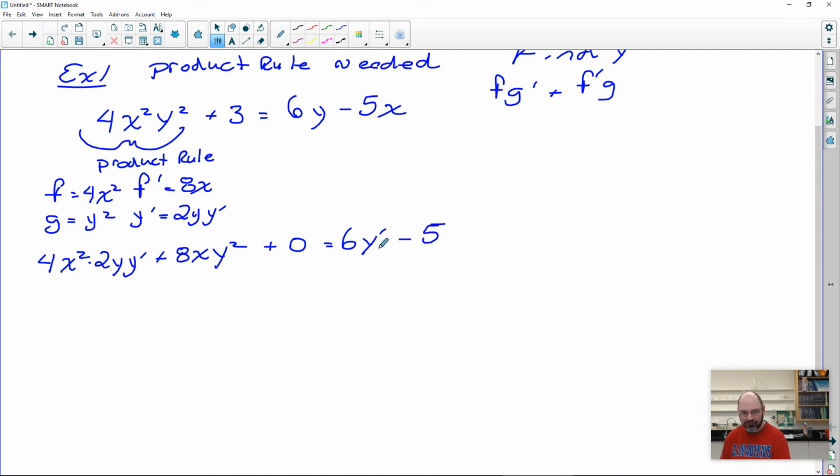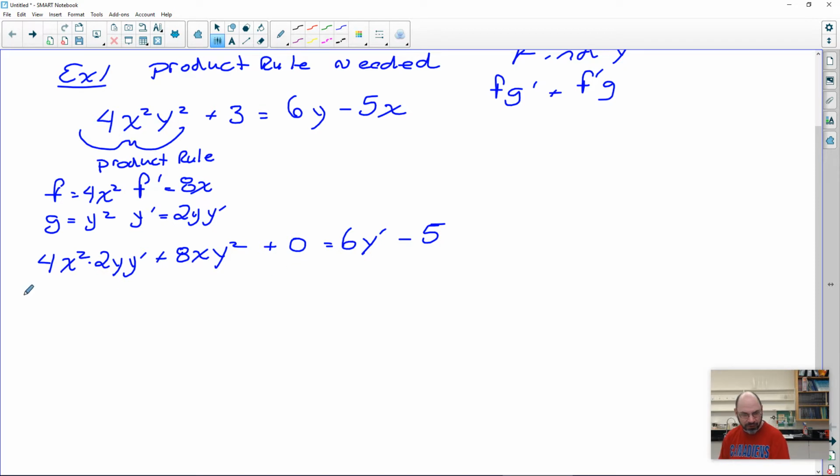So then we have to do a little bit of simplification here, and we have a y prime, and we have to bring everything to the other side so that we can get the derivative here. We're going to have to move this over here and this y prime over here. So we're going to have to bring all the y primes to one side.